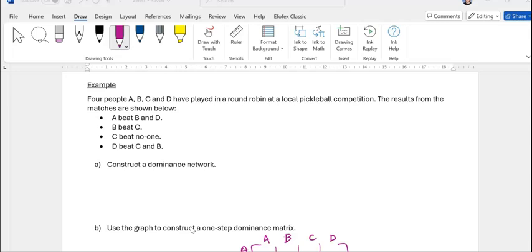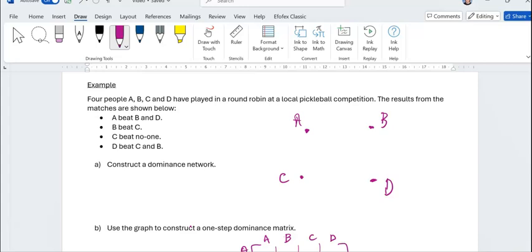We've got 4 teams, so we can start our network with A, B, C and D. It doesn't really matter where you write any of them. A, B, C and D are our 4 people, or our 4 teams, and we are able to draw our arrows onto this network diagram based on the information on the left.